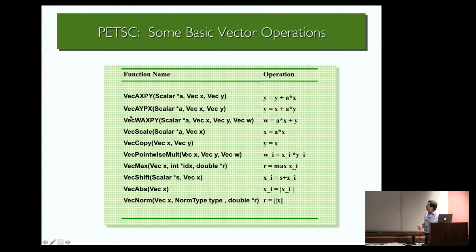The cool thing is that because that information is hidden inside of your type descriptor, when you invoke one of these subroutine calls, it does the right thing. If it's a local vector, the data structure has the information to know that it's local, and it applies the local version of that operation. If it's a parallel distributed vector, all the information it needs about how it is laid out in the machine is hidden inside of the data type for that vector.